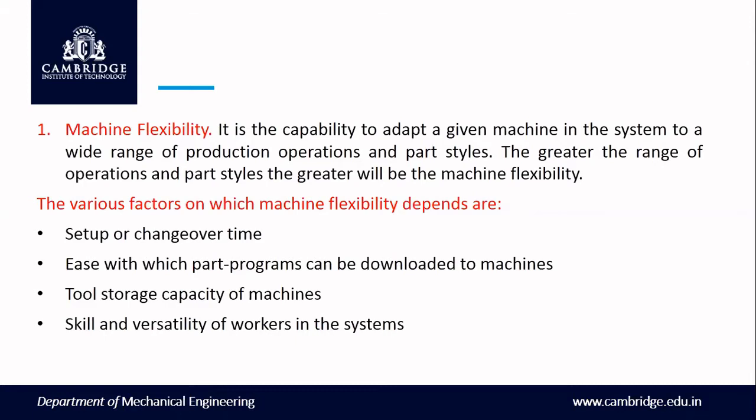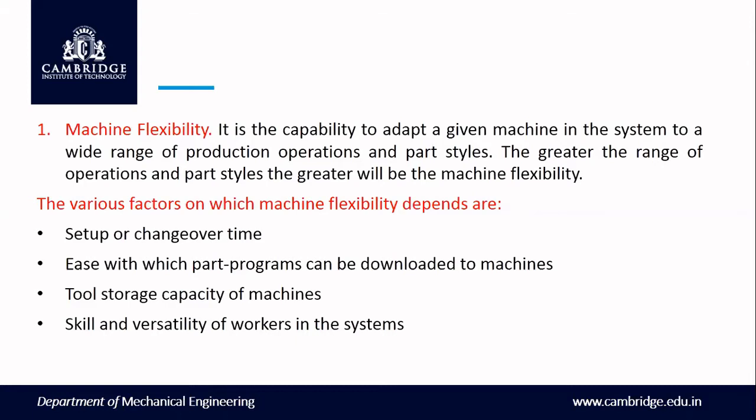Now what are the various factors on which machine flexibility depends? One is setup time or changeover time. For example, I'm having some 1940s or 1950s hydraulic process, now it is used in Pinya or somewhat like that. There it is manual, the person will come and start doing it.